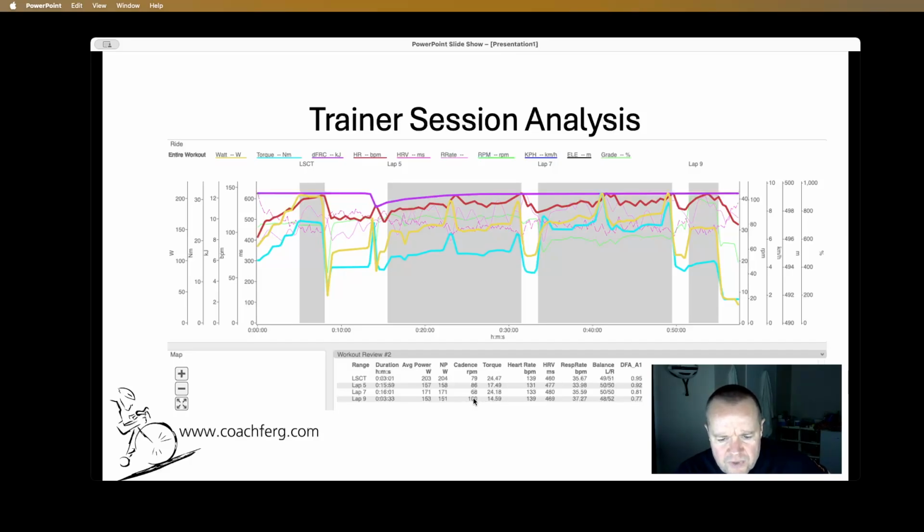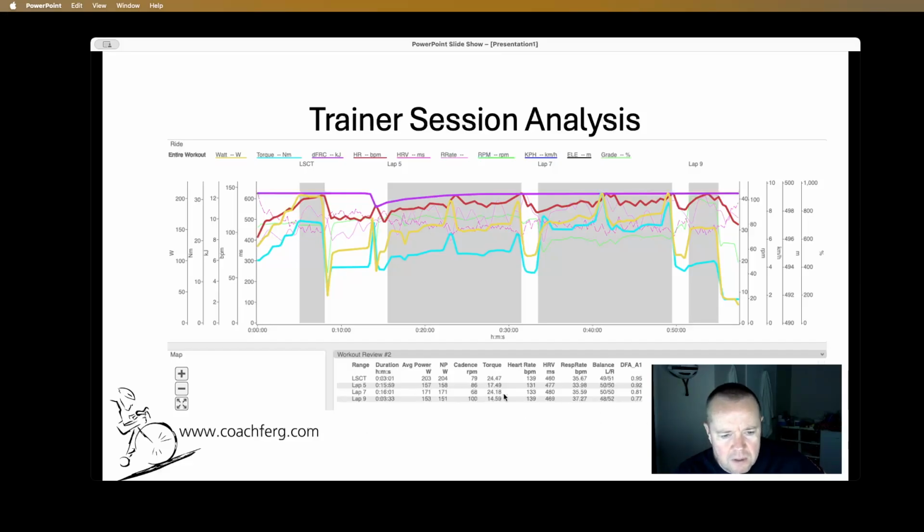Same with the final set, which I started at high cadence, high for me, in quite a small gear, and just started at around 100 RPM, so that the trainer doesn't lock you into a lower cadence when you want high, or a higher cadence when you want low.